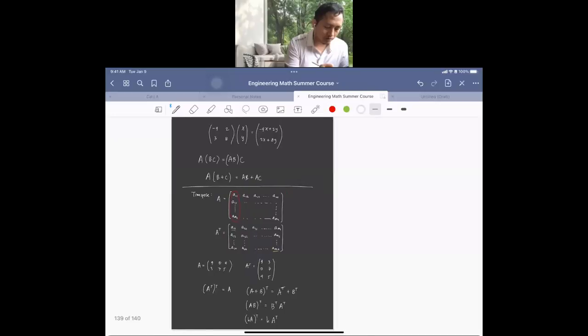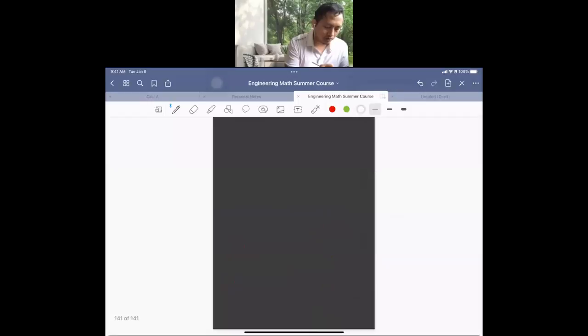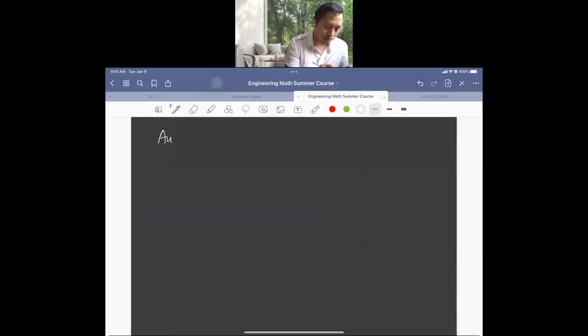So this is just giving you some algebraic terms in matrices and some special matrices. I hope you'll remember this. The next part is the augmented matrix. The augmented matrix is supposed to help you solve a system of equations, especially linear equations.